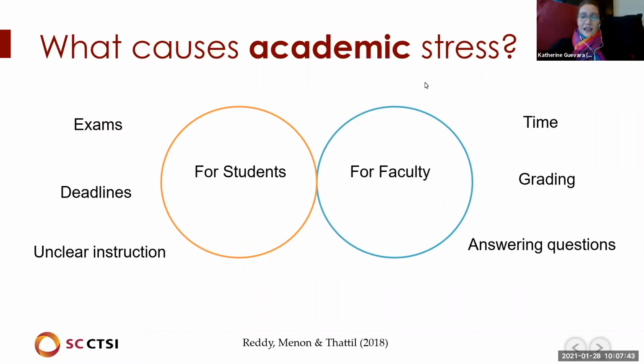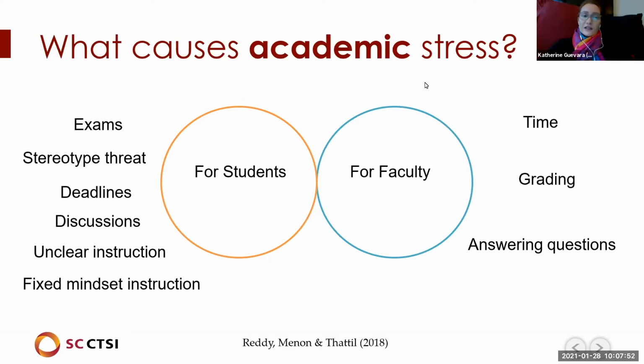We have to say that most recently as well, we have other types of academic stress that have been of note for students. We have things like stereotype threat coming up in the classroom, where the academic environment makes them feel like they are living up to a stereotype about their group, particularly for women in STEM, for example.